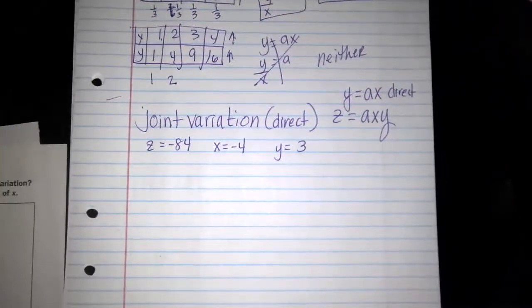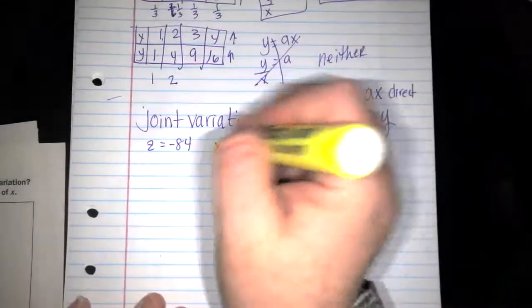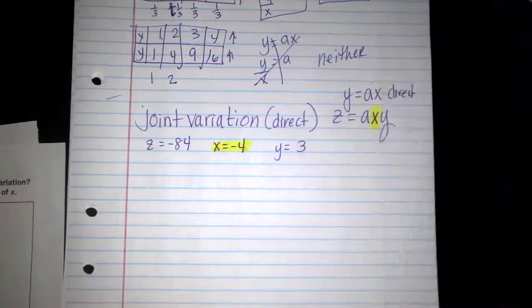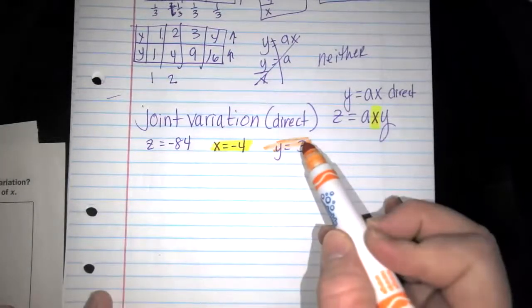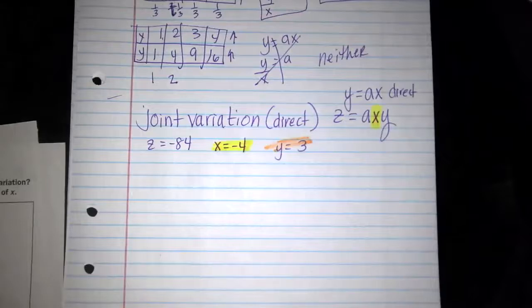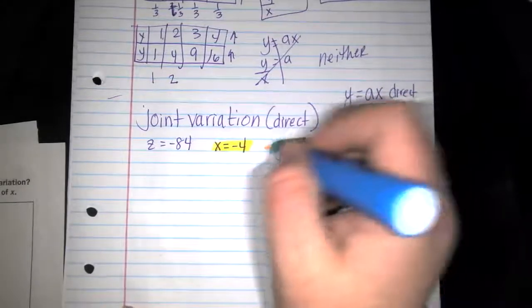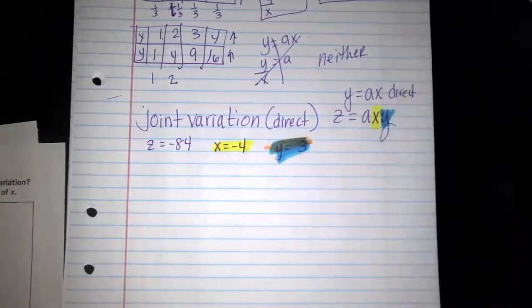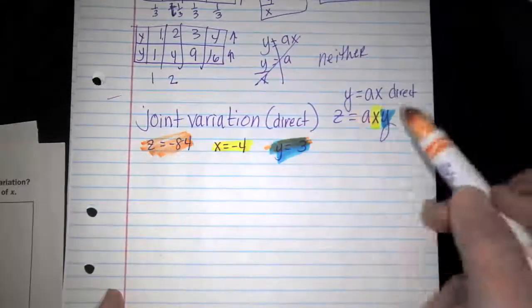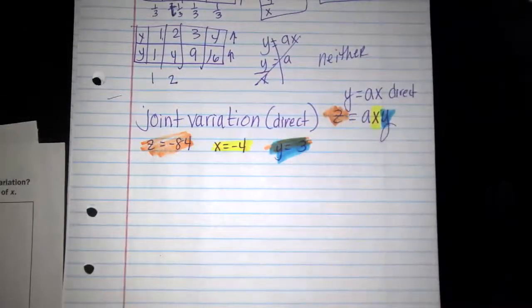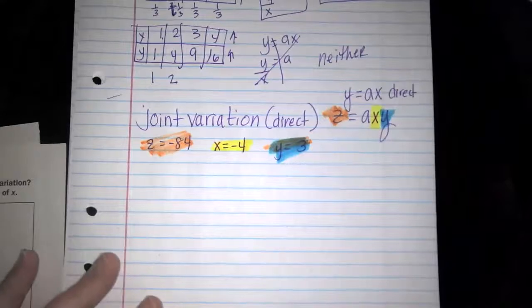It's that easy. Notice the only one that's not colored is a, because you have to find a. All right, go.